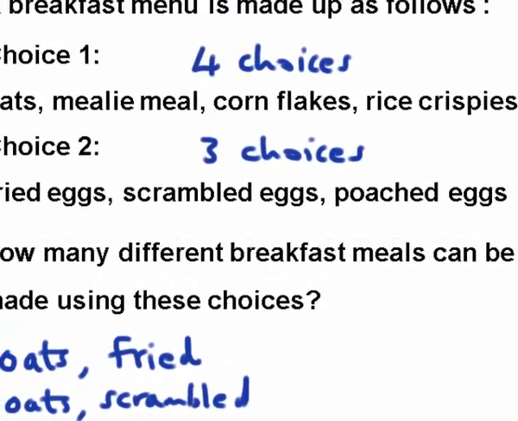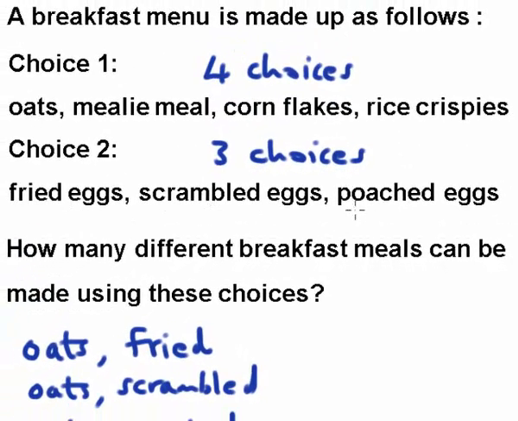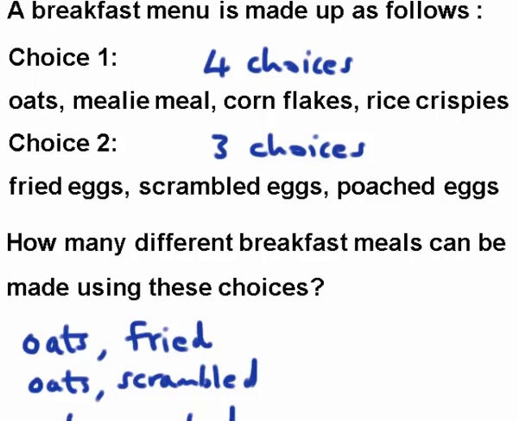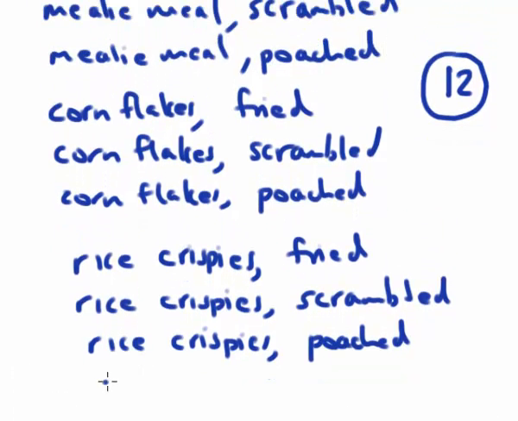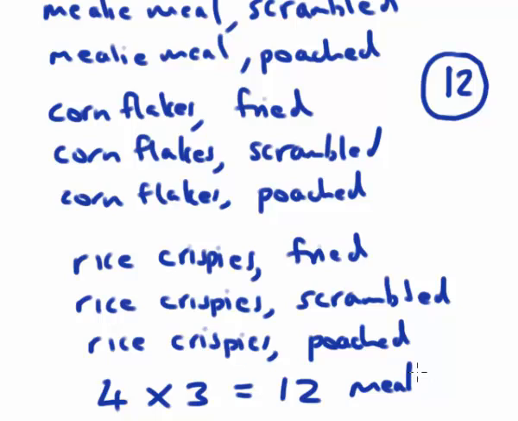Now, instead of doing it by saying oats with fried, scrambled, poached, Millie Meal with fried, scrambled, poached, and so on, it's much easier. All you need to do from the counting principle is say 4 in choice 1 multiplied by 3 in choice 2, which is 12 possible meal combinations, where you have 1 from choice 1 and 1 from choice 2.